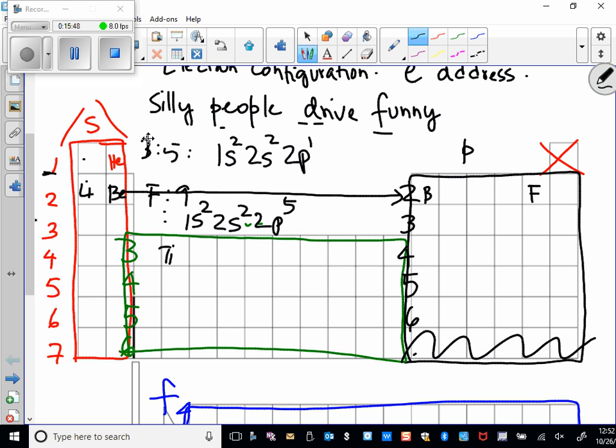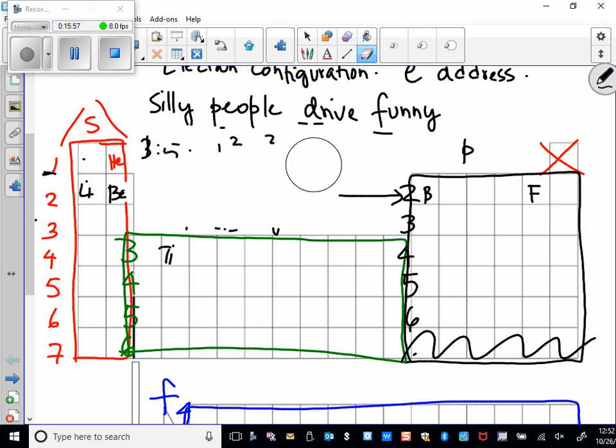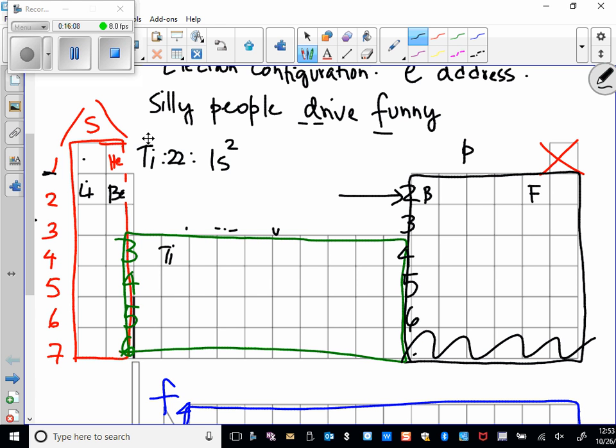Titanium has how many electrons? 22. So how am I going to write titanium's electron configuration? Where do we start? 1s2. Then what are the next 2 electrons? 2s2.